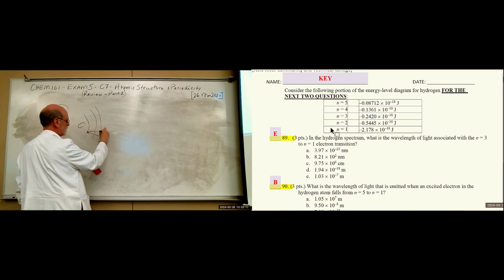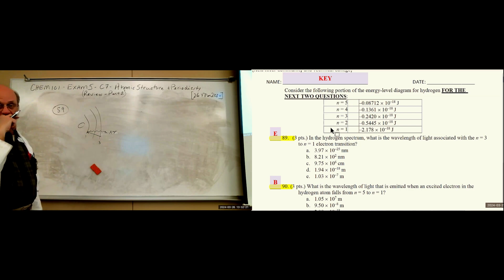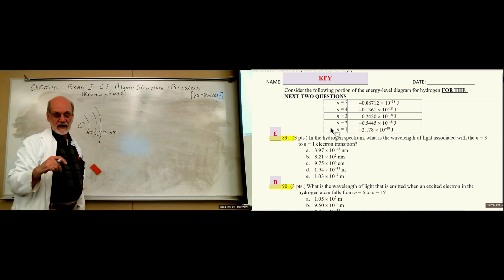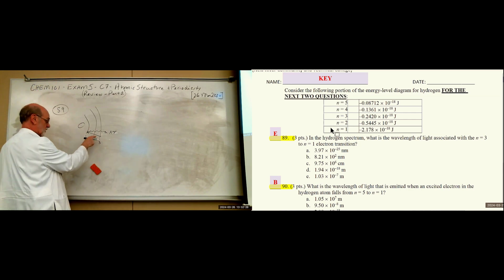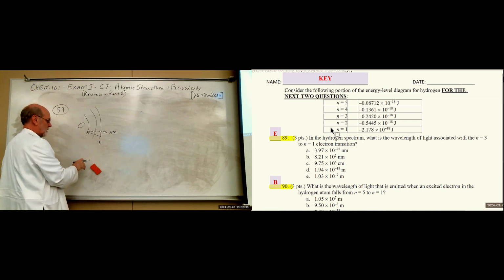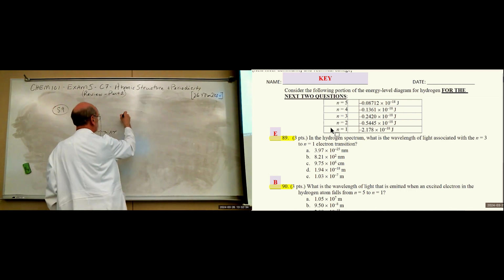It's going to give up a certain amount of energy, and we can calculate the wavelength. What we need is the difference from 3 to 1, right? So final minus initial energy.